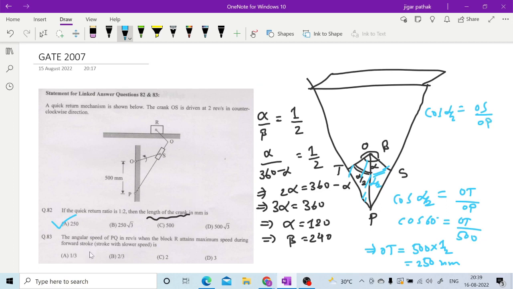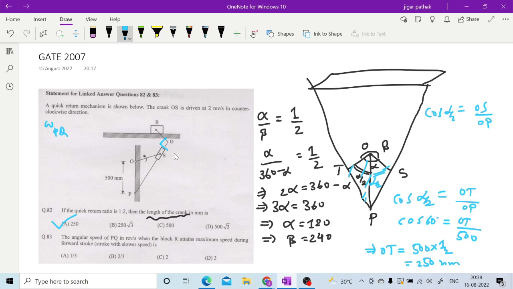Okay. Now the next thing asked is to find the angular speed of PQ. So omega PQ you need to calculate, right? R is going to attain the maximum speed when these two links are perpendicular to each other.